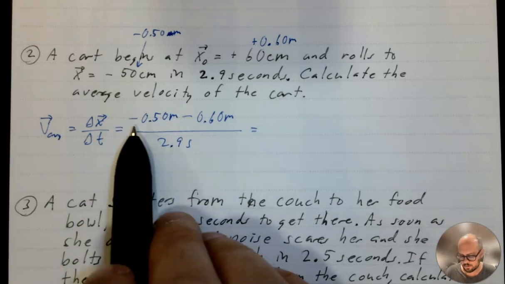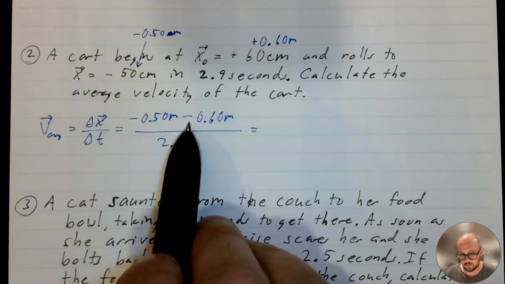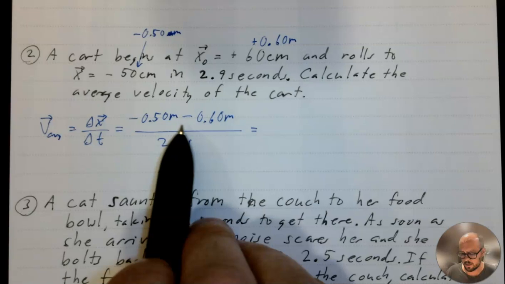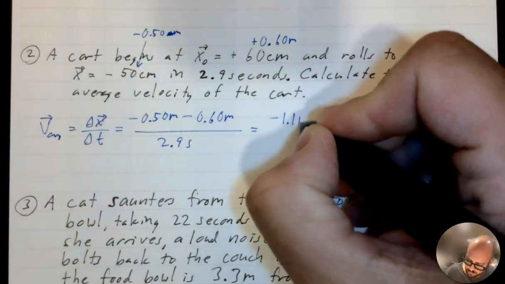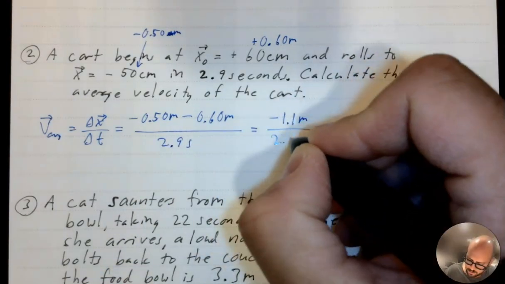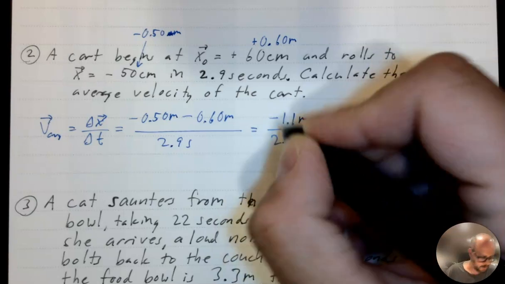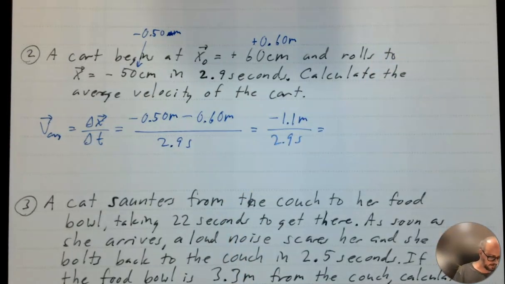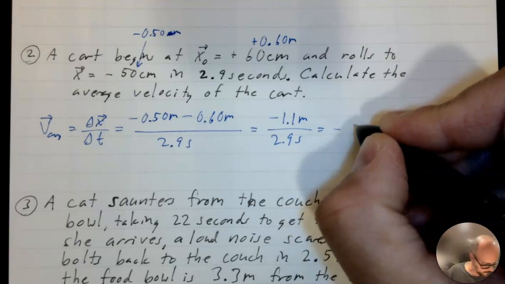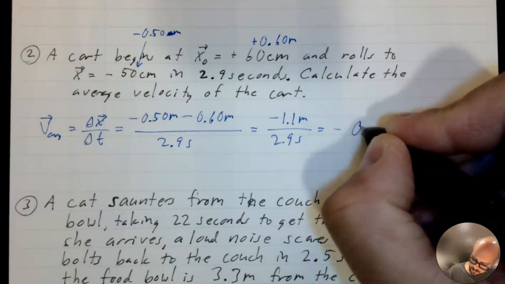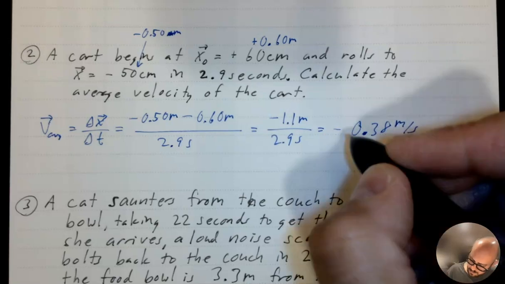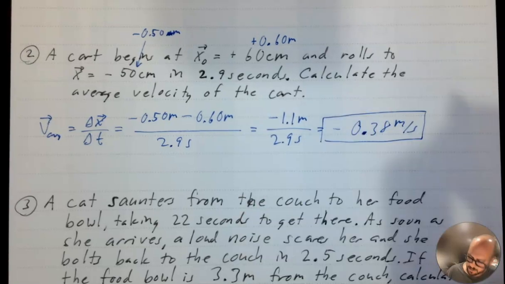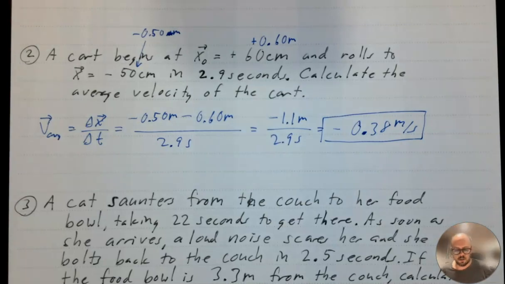I'm going to do it in 2 steps. Negative 0.5 minus 0.6 is negative 1.1 meters divided by 2.9 seconds. So when I calculate, I get negative 0.38 meters per second. And so this object was moving in the negative direction, and so the average velocity is negative.